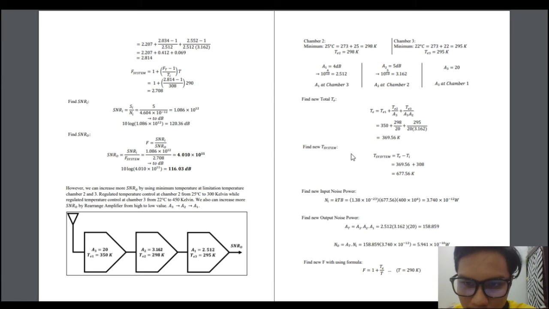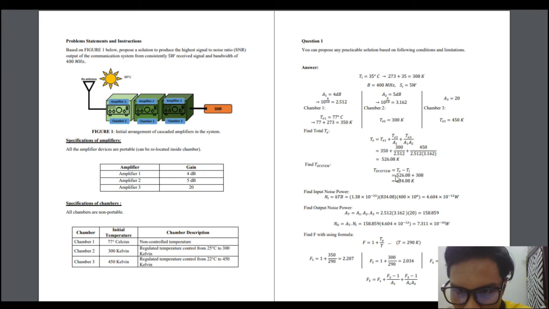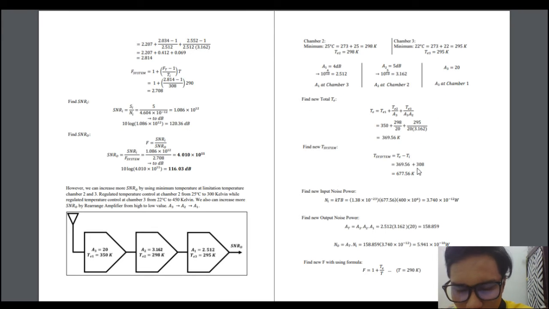And for the new T system, TE plus TI, 369.56 plus 308, we get 677.56 Kelvin. So this system is also lower than the first calculation, about 200 Kelvin difference, I think. So find the new input noise power.